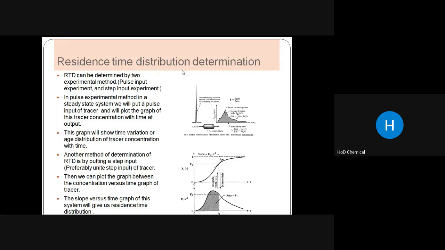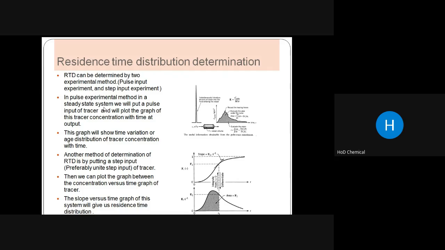So the residence time distribution can be determined by two experimental methods: the pulse input method and the step input method. Okay. The pulse input method can be carried out under steady state, and experimentally we have to employ a tracer, so the tracer will help determine the concentrations.